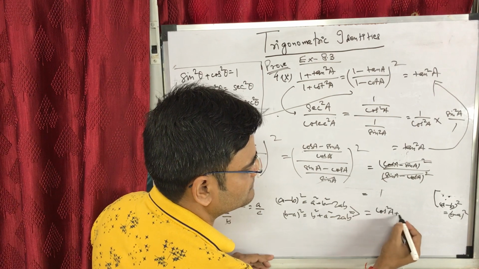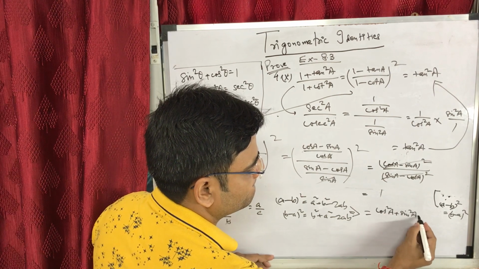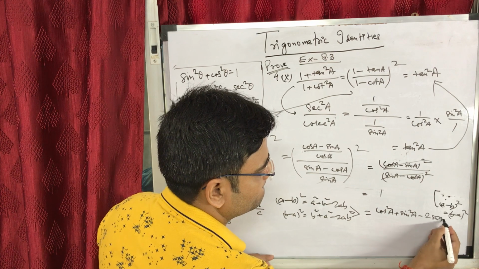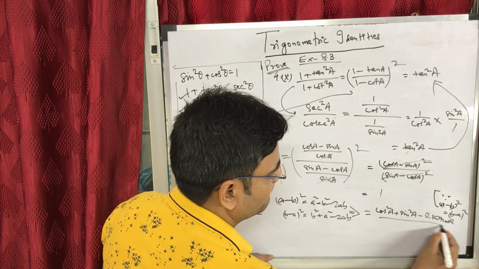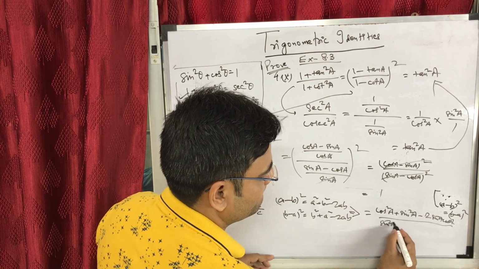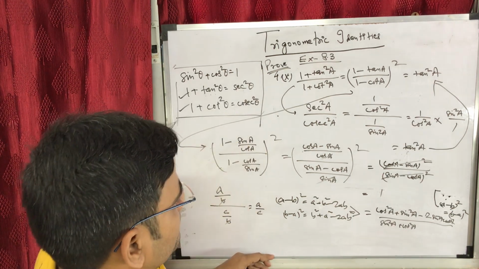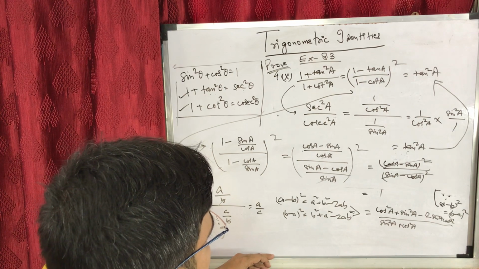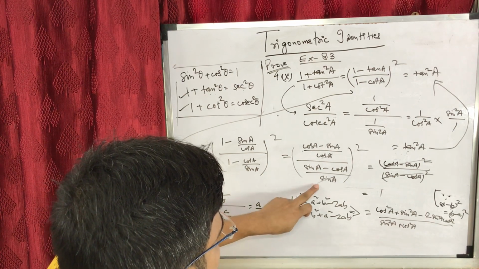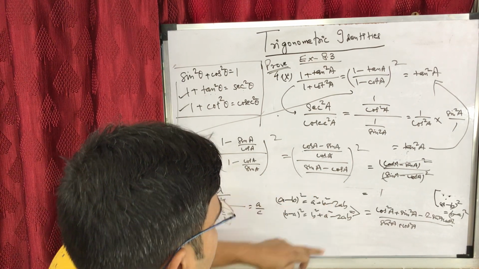Cos square A plus sin square A minus 2 sin A cos A, and this is sin square A plus cos square A. We did something wrong. Oh, this was not supposed to be cancelled. I'm sorry.